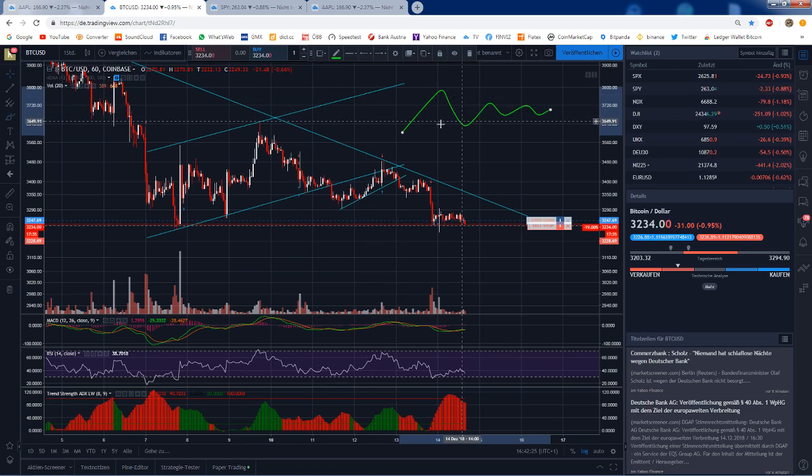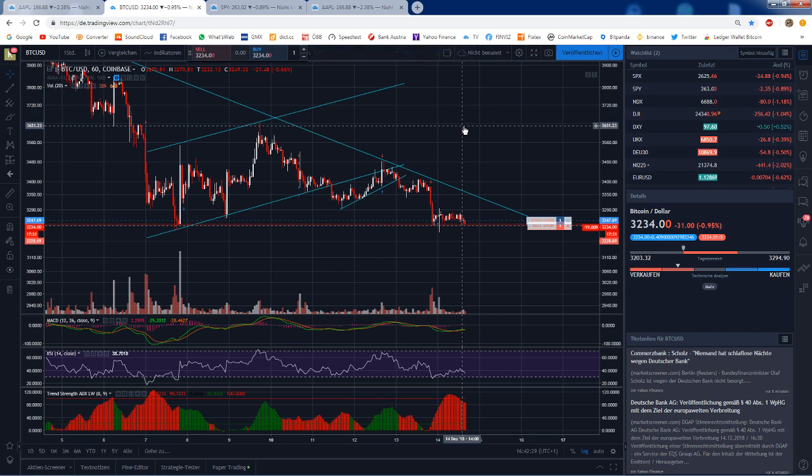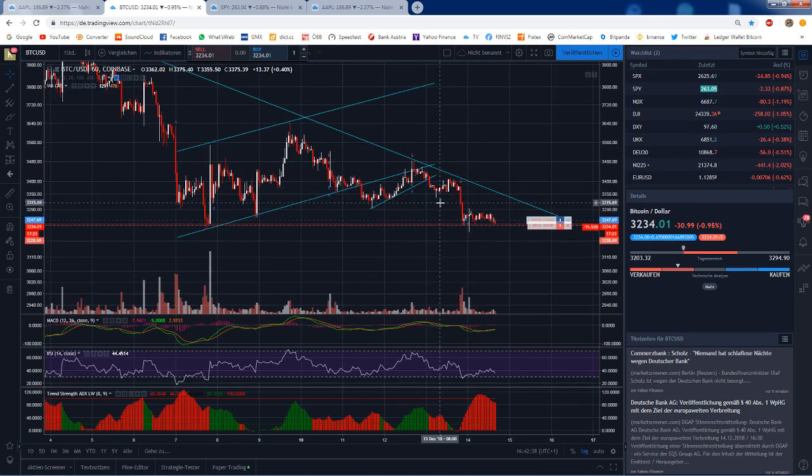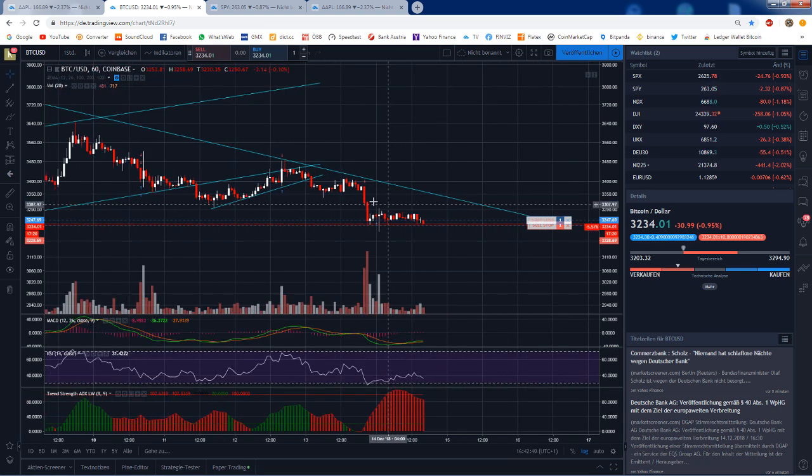So remove this one. As you can see, it did this move and then broke again to the downside. And as I said, I exited below the support right here.